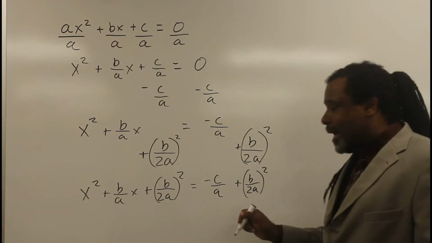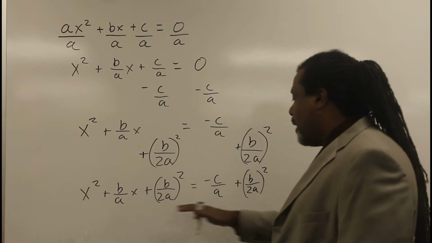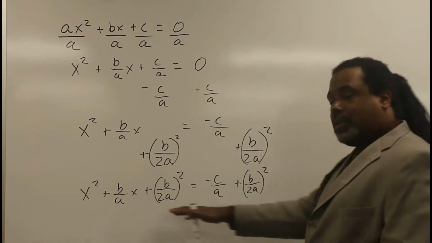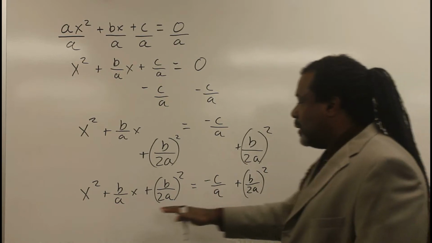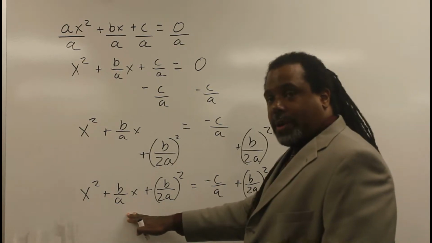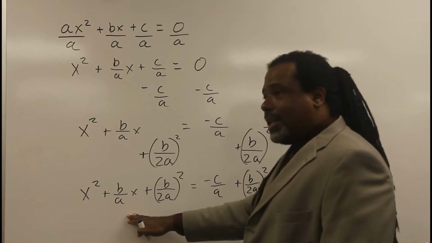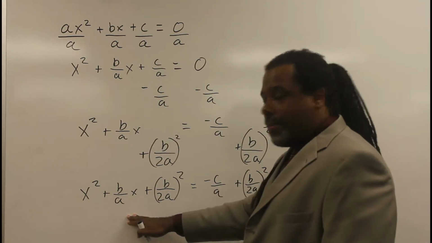Okay, the next thing that I'm going to do is two things simultaneously. Now that I have a perfect square trinomial, I'm going to break this down into the factored form.